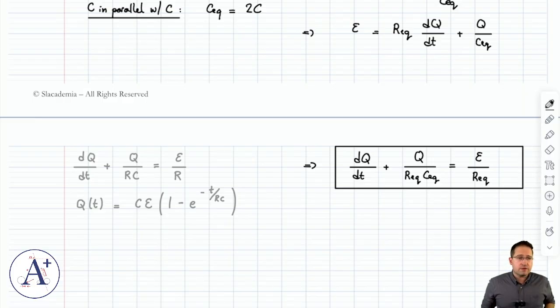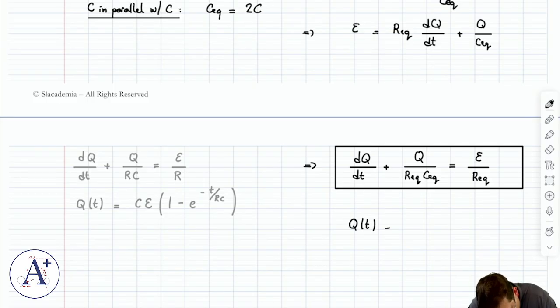Now the only difference is that on the left I have R and C, on the right I have R equivalent and C equivalent. Is that correct? So it means that Q of t is going to be C equivalent times epsilon times 1 minus e to the minus t over R equivalent C equivalent.